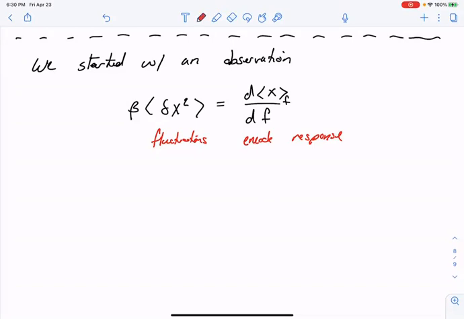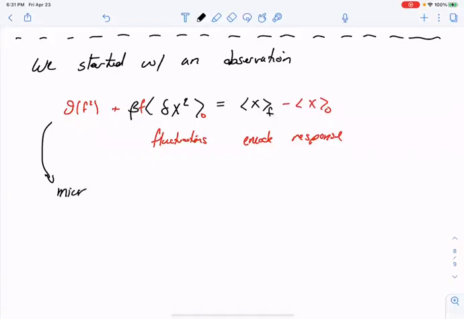So integrating this, putting the f over there, the difference between x at finite f and x in the absence of it is just given to first order by the scale of fluctuations in the absence of that force. That harkened back to some of the first things you learned in the introductory version of a statistical mechanics course, with things like the relationship between the heat capacity and the fluctuations of the energy.